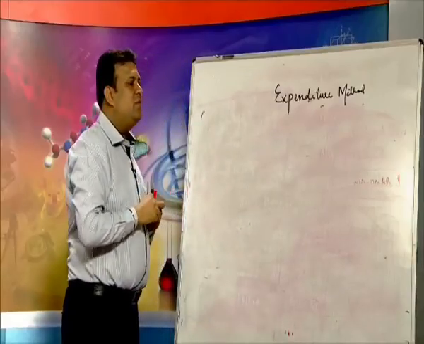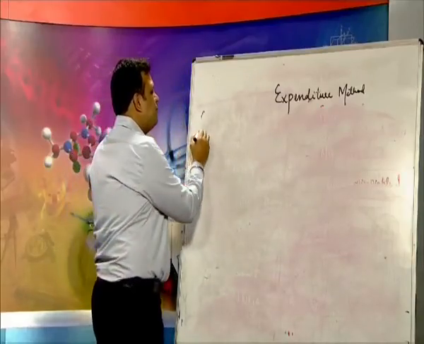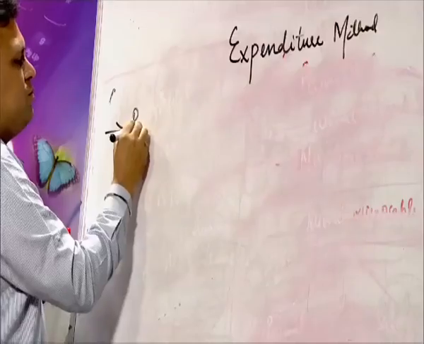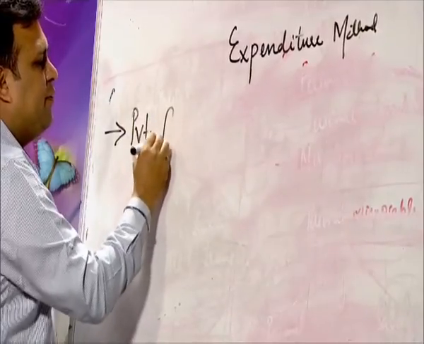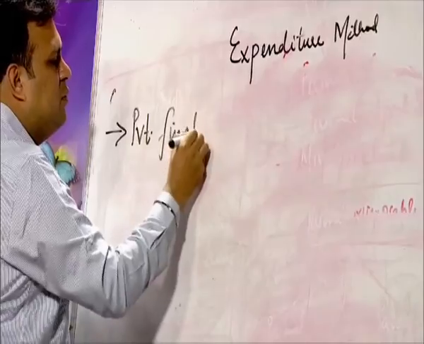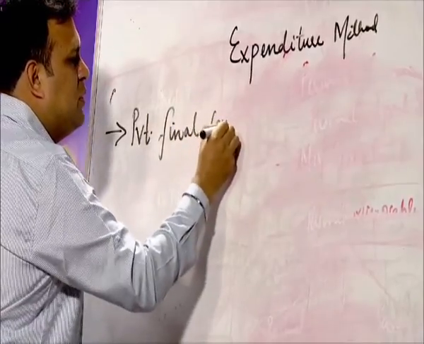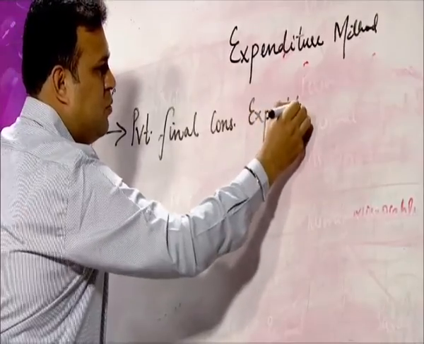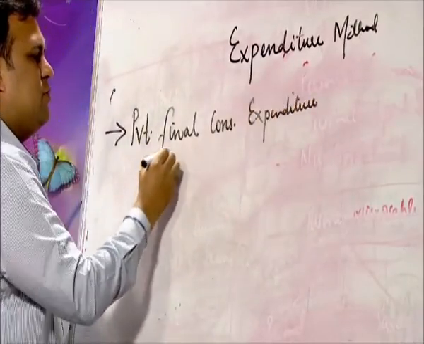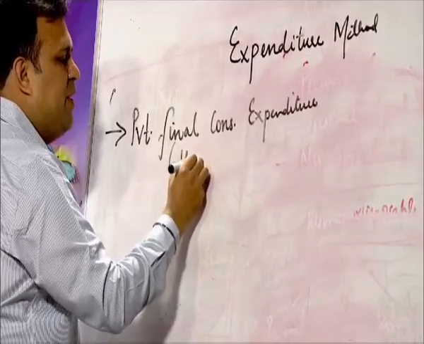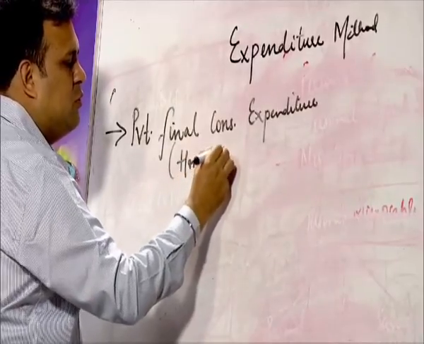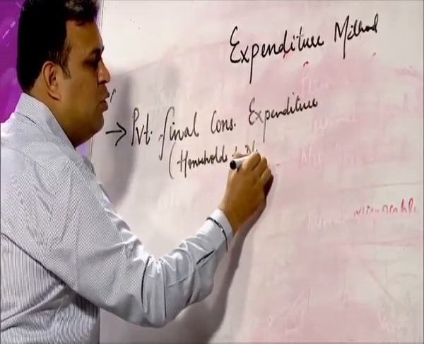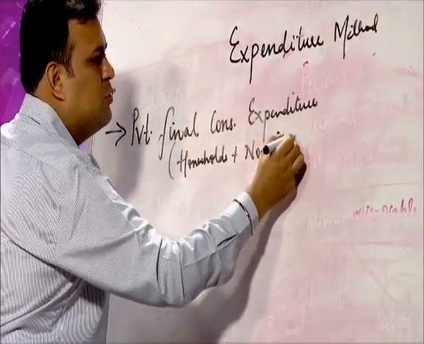In expenditure method, we have private final consumption expenditure. It is the expenditure of households plus non-profit institutions.